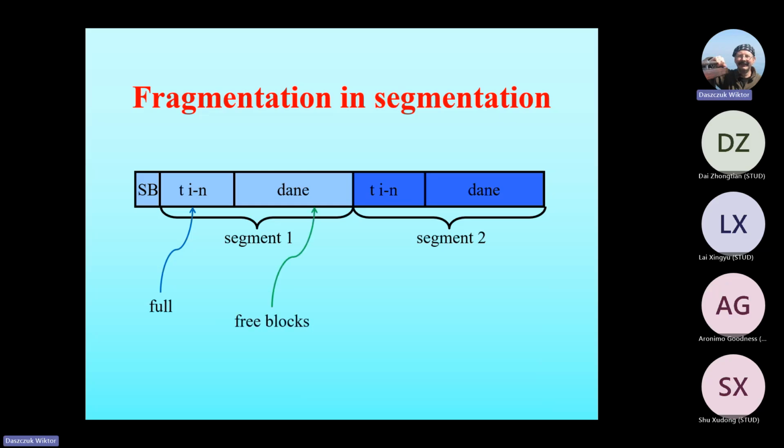We have 3 blocks in segment 1, but we cannot allocate a file because inode table is full. And here we have a free inode, but we have no free space in data. So we have inode, we have space in blocks, but new file cannot be allocated.